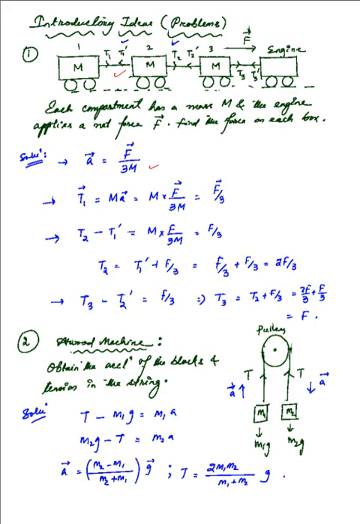So T1 is equal to m times a, and as a is F over 3m, the tension or force acting on that first mass is F over 3.